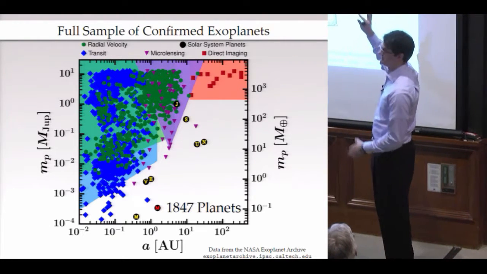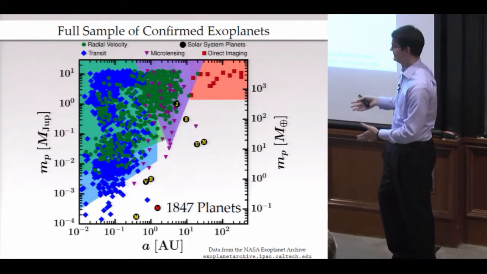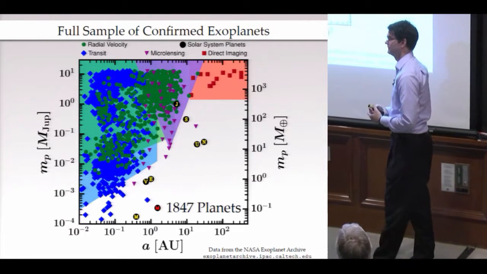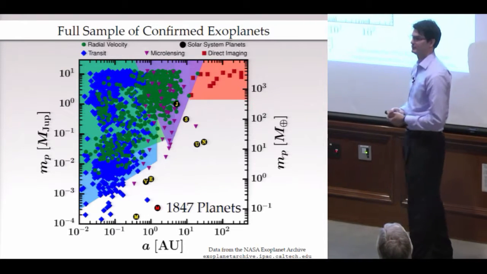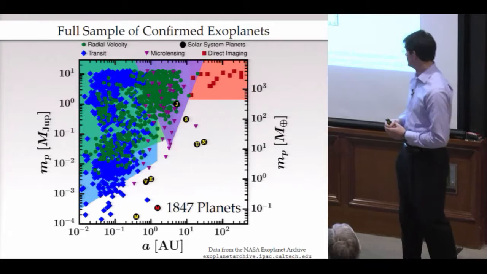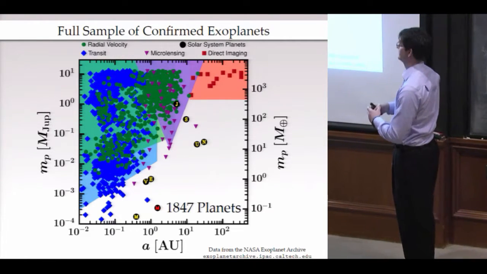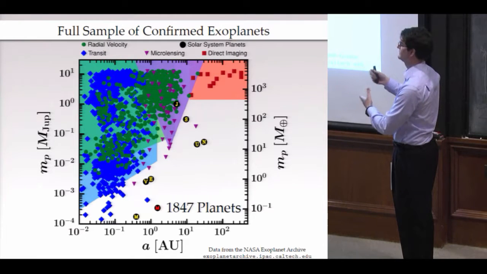Now, in reality, these sensitivity regions are not sharp, straight lines, but rather have some structure to them. And these are manifestations of various selection effects and observational biases that are intrinsic to each of these different detection methods. And it turns out that we need to take this into account if we want to determine things like exoplanet occurrence rates.